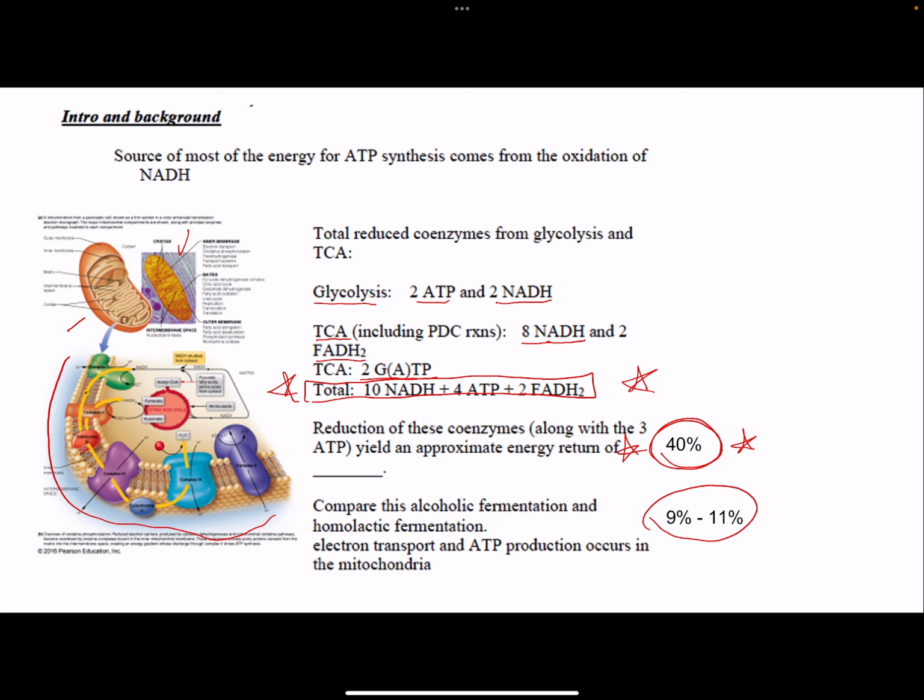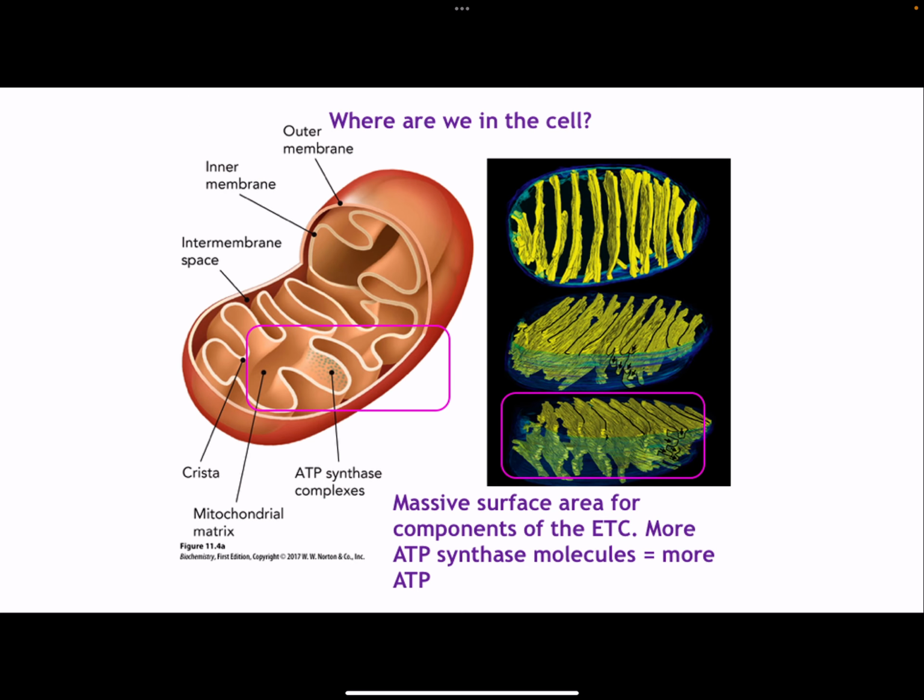ATP production we will talk about in the next lecture, and remember that all of this is still occurring in the mitochondria. So where we are in the cell in terms of the ETC is the mitochondria. You should be familiar with the different parts of the mitochondria shown here. We have an outer membrane, we have an inner membrane, and between those two is an intermembrane space.